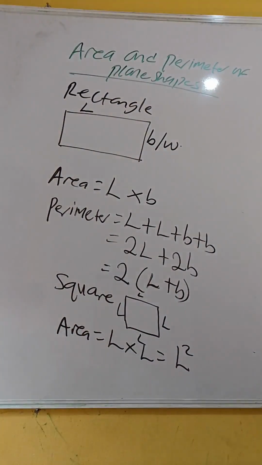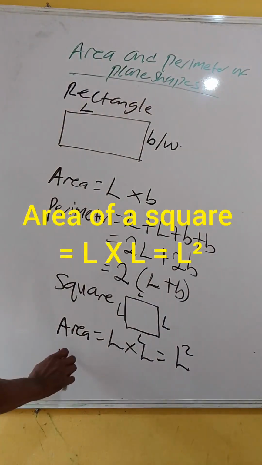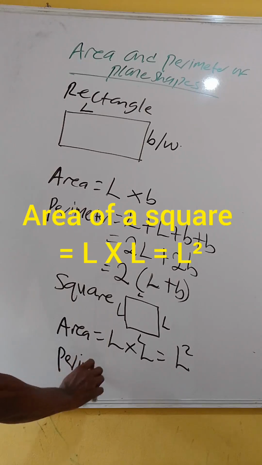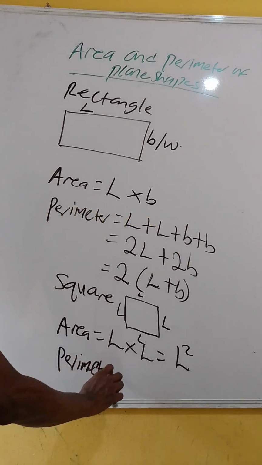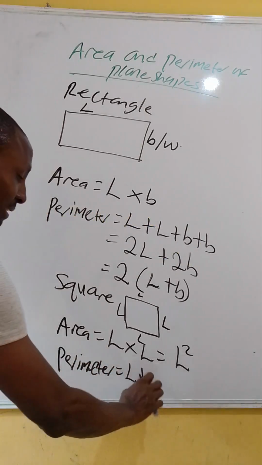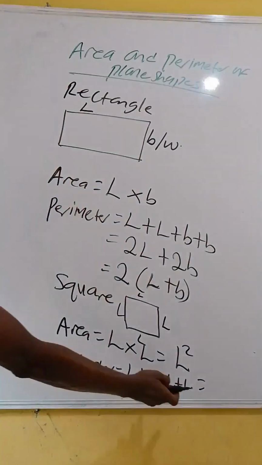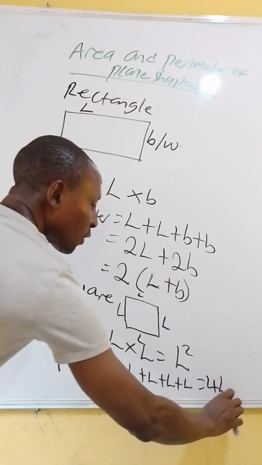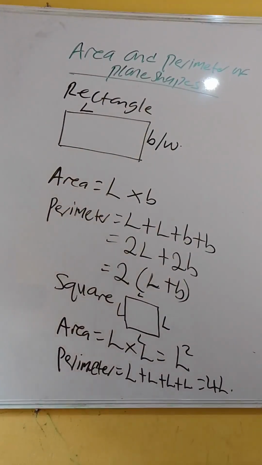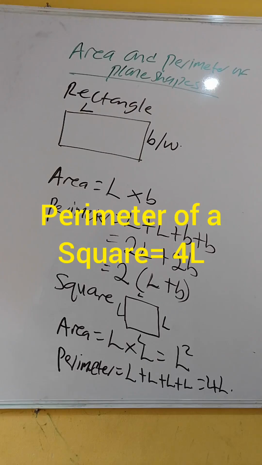Length raised to power 2 means length square. If I'm to find the perimeter, adding all sides is length plus length plus length plus length. How many lengths do we have? 4 lengths. So 4 lengths is what we have for the perimeter of a square.